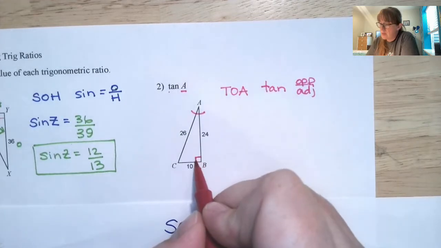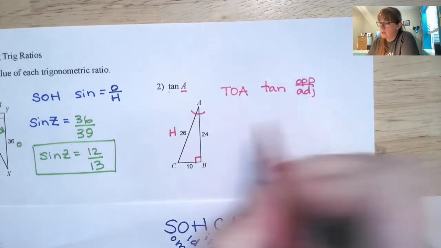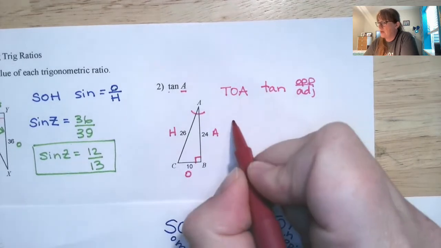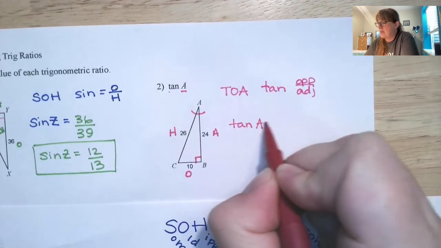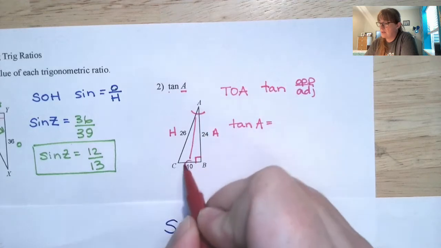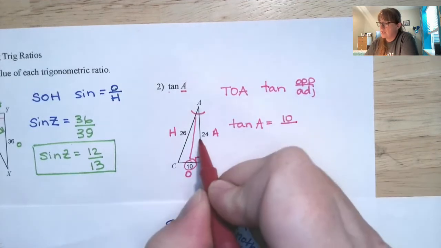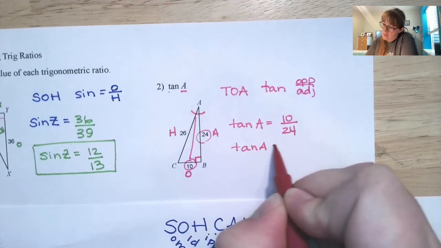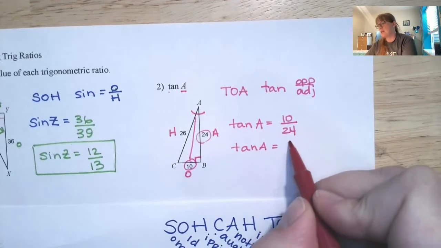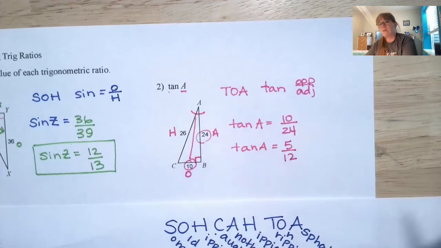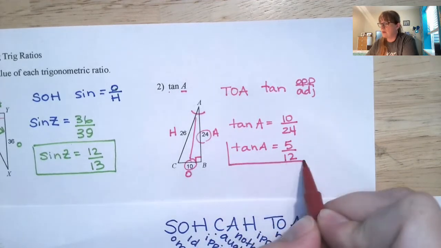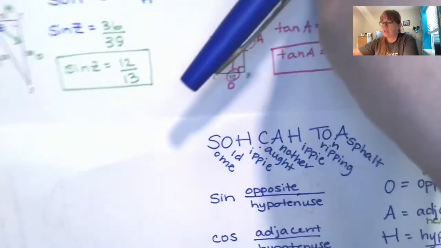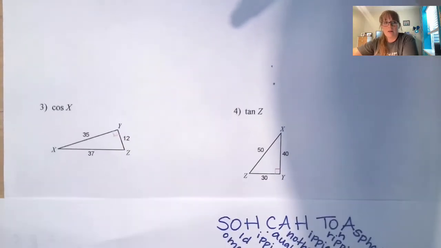Hypotenuse is always opposite of the right angle, so we'll call that H, which means this has to be A, and this is O. Okay, so we have tan of A equals opposite, it's 10, over adjacent, 24. Okay, even, so we can reduce that to be 5 and 12. 5 and 12 we can't reduce anymore. 5/12 it is. Not bad, huh? You guys are doing trigonometry. Okay.